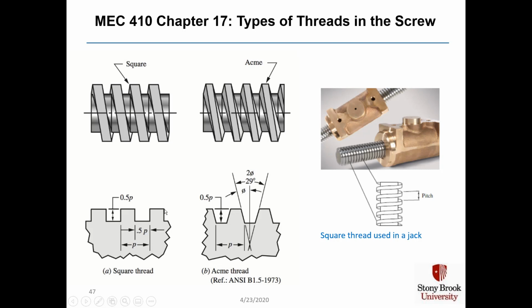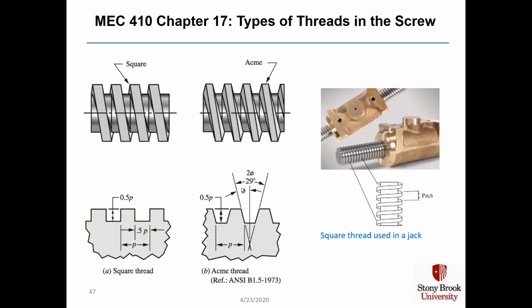What is more commonly used for threaded screws and bigger old machine screws is what's called an Acme thread, where the side walls of these screws are on an angle, typically 29 degrees. Much less friction in those mechanisms and much easier to machine.